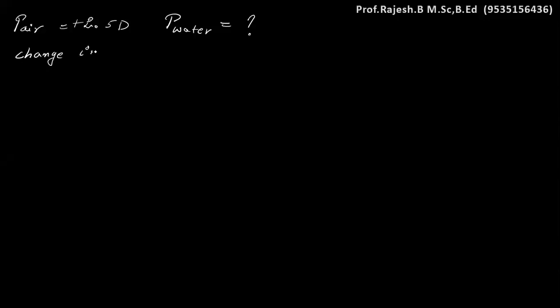Change in power we have to find. And they give the refractive index of the glass as 3 by 2 and the refractive index of water is 4 by 3. This is the value they have given. So we can use the lens maker's formula for this.